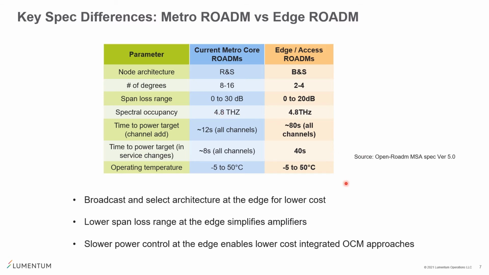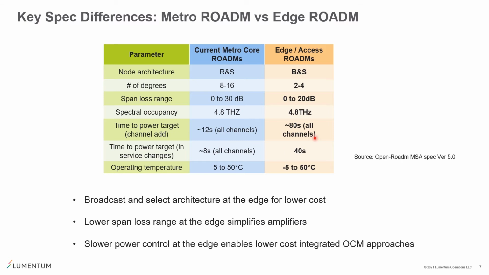The next two are crucial in terms of the differences, and they relate to the control loop speeds. In the current OpenROADM metro specifications, the amount of time allocated for a channel to achieve its target power is around 12 seconds. That is assuming you have 96 channels that are not provisioned, and you bring 96 channels up, you are given around 12 seconds.